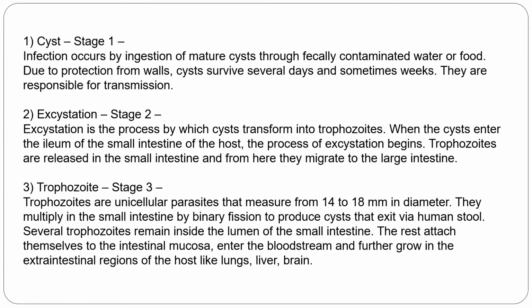Now you see, stepwise, how it infects the human body. Number 1, cyst, stage 1. Infection occurs by ingestion of mature cyst through fecally contaminated water or food, as I mentioned above.